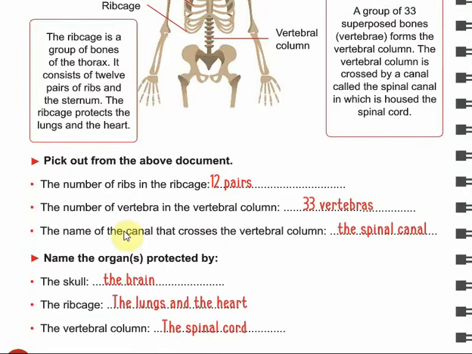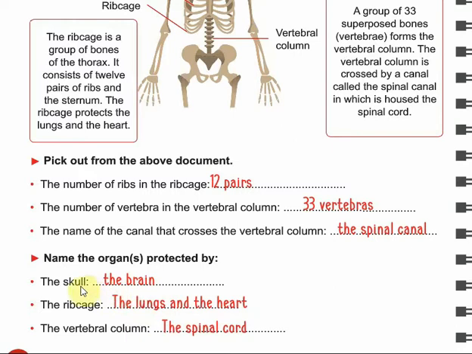So we can say that the rib cage is made up of 12 pairs, the vertebral column is made up of 33 vertebrae, and the canal that crosses the vertebral column is called the spinal canal يلي هي بتحتوي على الspinal cord. We can say that the skull protects the brain, the rib cage protects the lungs and the heart, and the vertebral column protects the spinal cord. You should memorize this information. Okay?